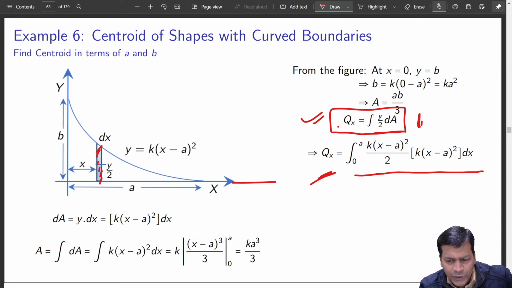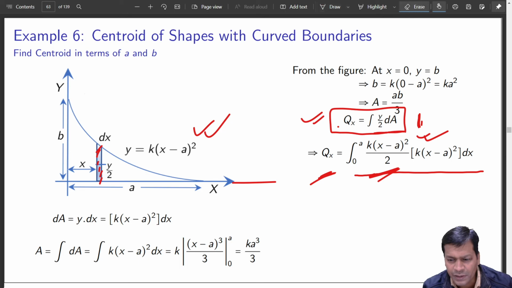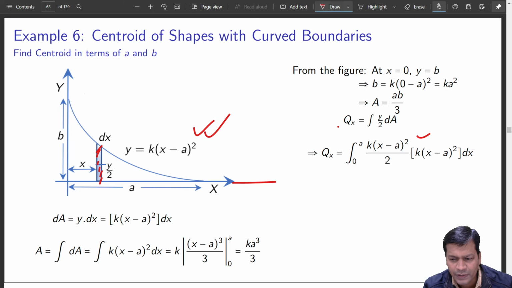I have just substituted y over here, is it not? The y which is shown here can be directly substituted from the given equation, right? So it is y by 2 times dA. Just a sec, let me clear it off a bit. Got it? Very good. So it can be directly written like this, and it comes out to be this.